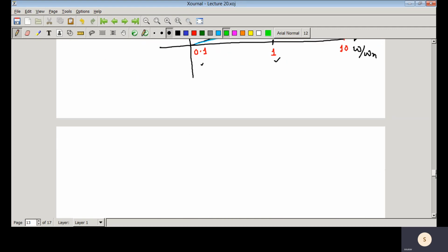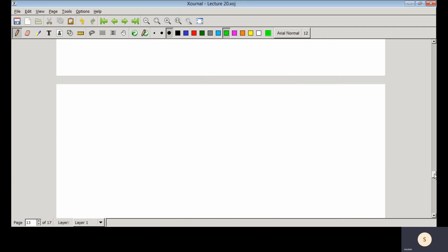So now let us solve one problem, and I'll be showing here just the magnitude plot. I would suggest you plot the phase on your own, because we have done the phase plot in case of, say, only a first order term.